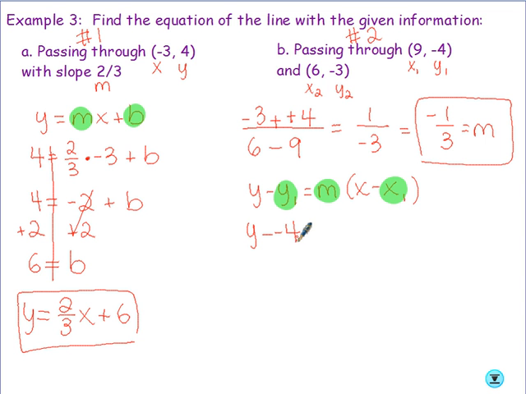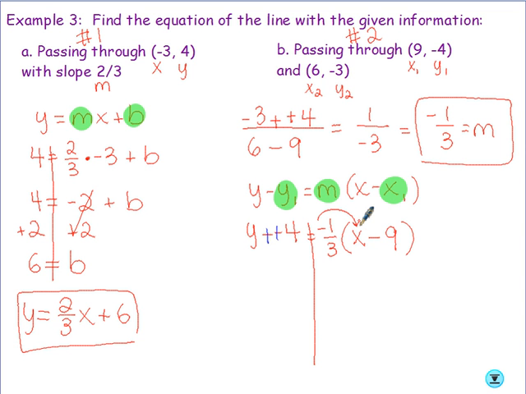Notice the double negative. m is negative 1 over 3, parentheses, x minus x1 is 9. First things first, double negatives make positives. Now we are ready to distribute.